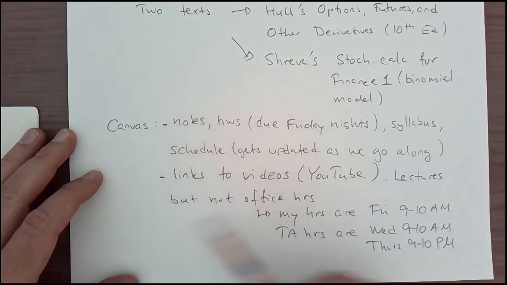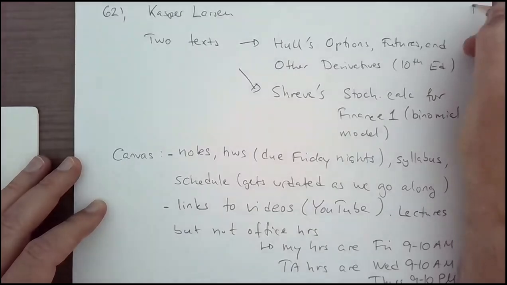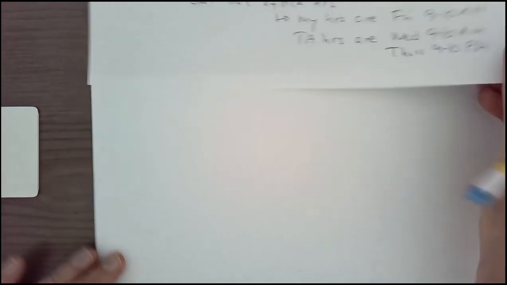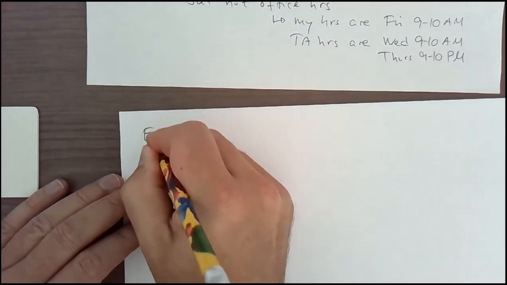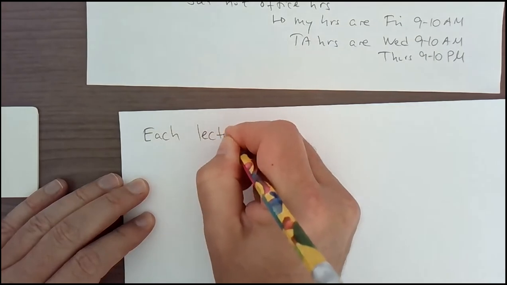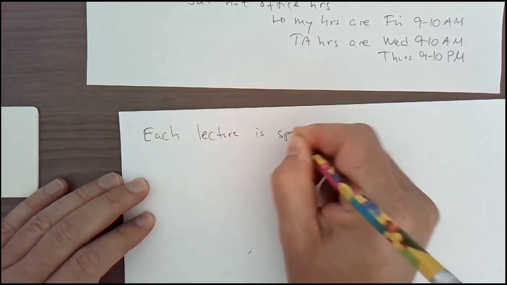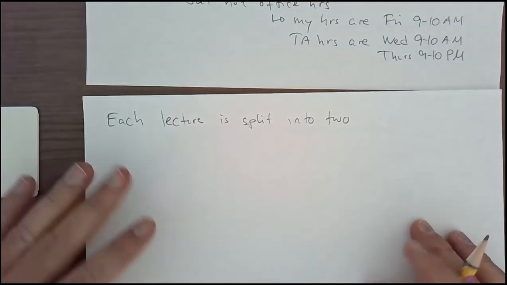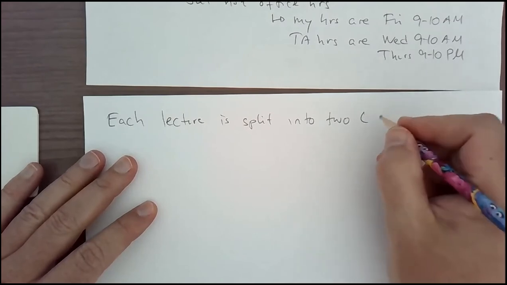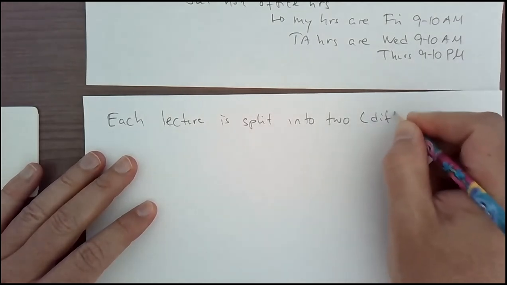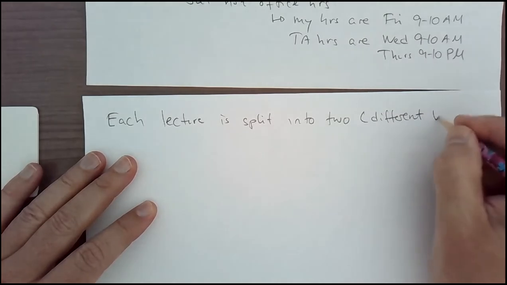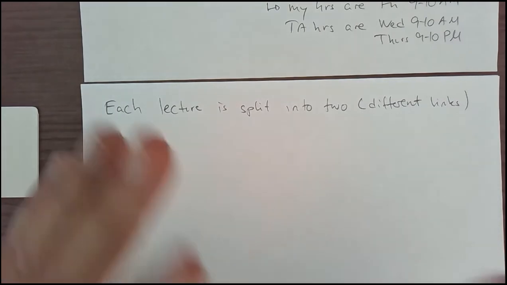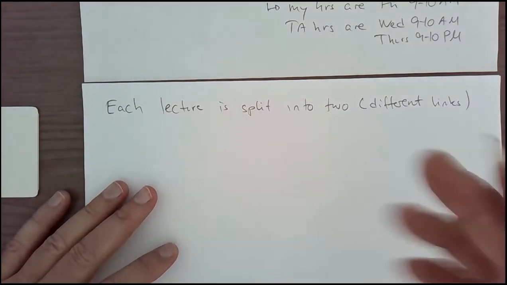Right, so I'll put the notes that I'm writing up on Canvas. Each lecture is split into two, so you're going to need to look at the different Zoom links. You'll use one Zoom link, then there'll be a break, and then we'll go back on a different Zoom link.